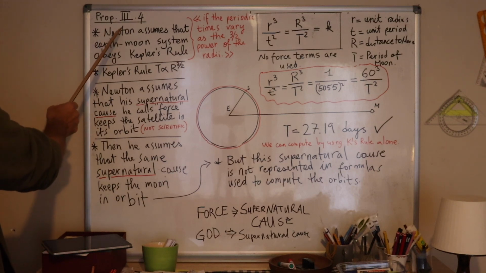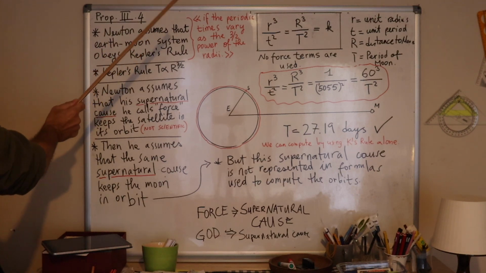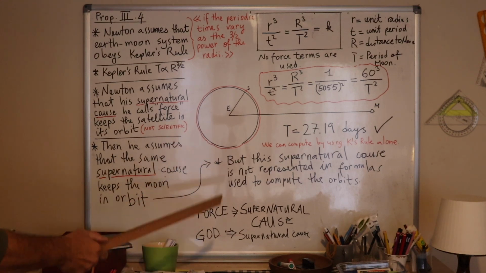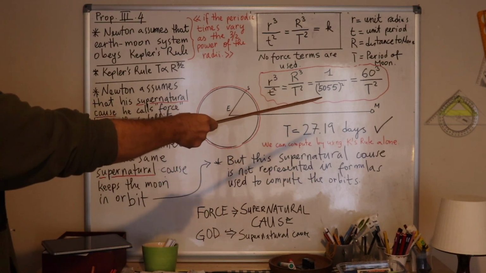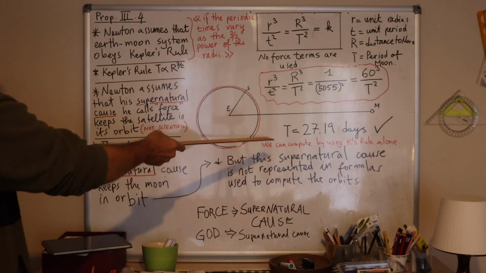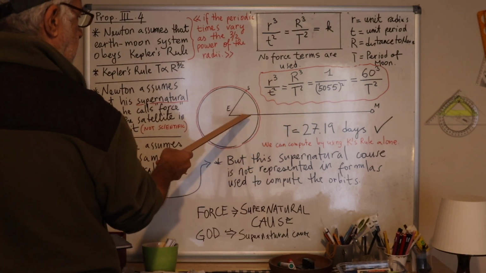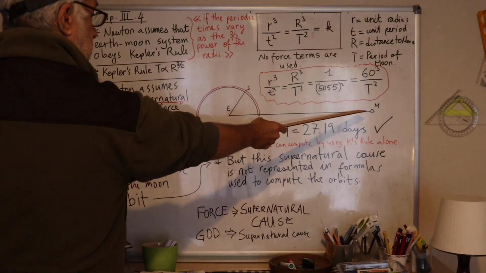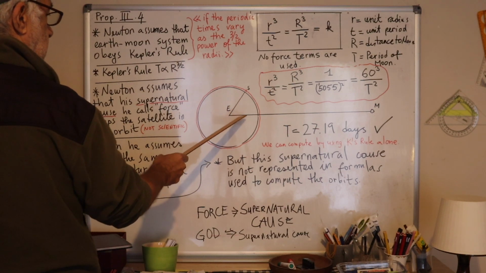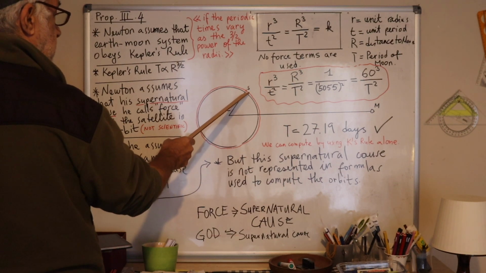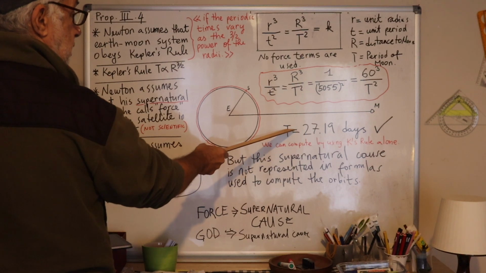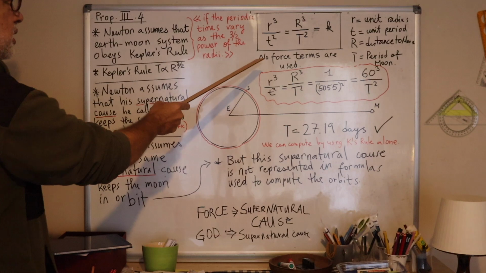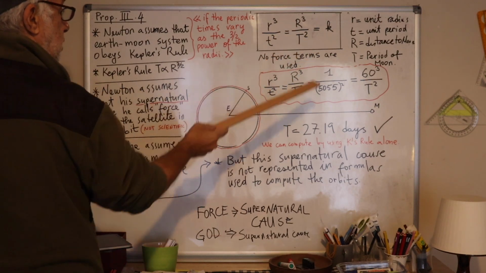So Newton assumes that the Earth-Moon system obeys Kepler's rule. This is given already. Knowing the radius of the Earth and the distance to the Moon, we can compute T by using Kepler's rule with R and T alone.